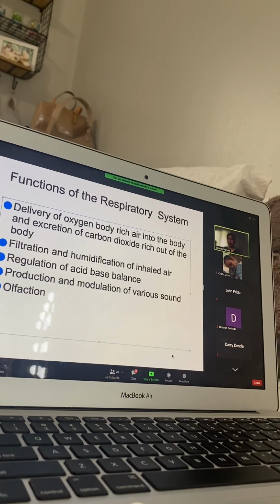Anyone? How is air being filtered? Your lungs. Okay. What are the structures that filter the air? Alveoli. Okay, what else?